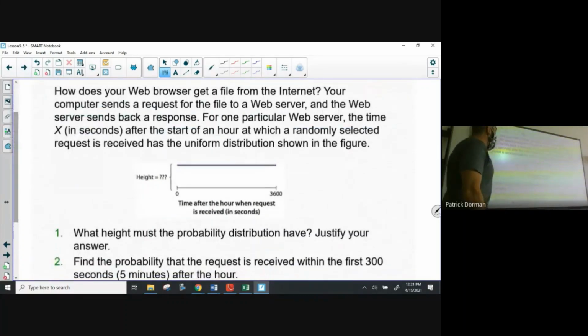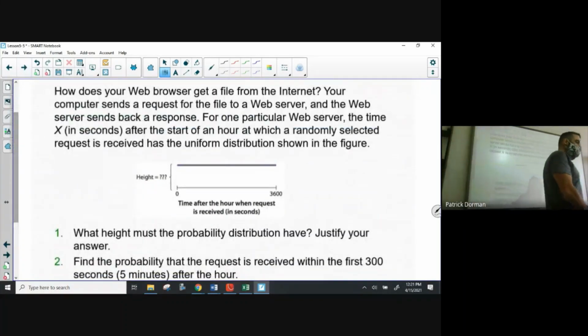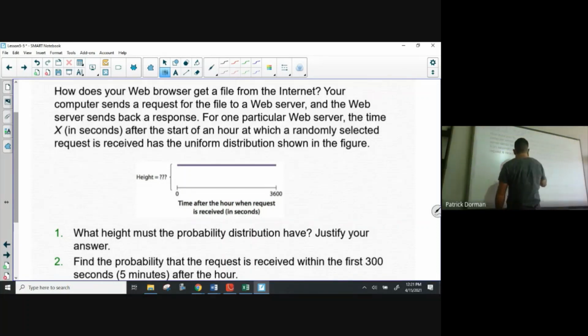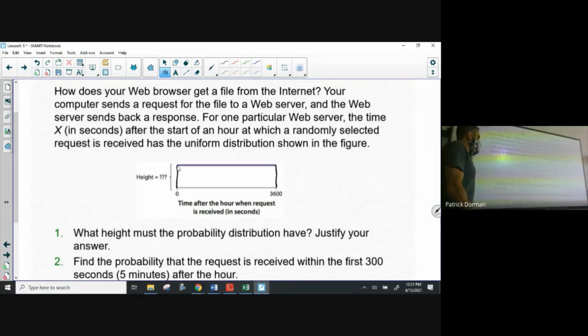All right, let's do an example, okay? So it's kind of weird stuff. We're going to say this is a probability distribution. This is a uniform distribution, okay? So I'm just going to put some lines here. First of all, they're wanting to know what is the height of this probability distribution.